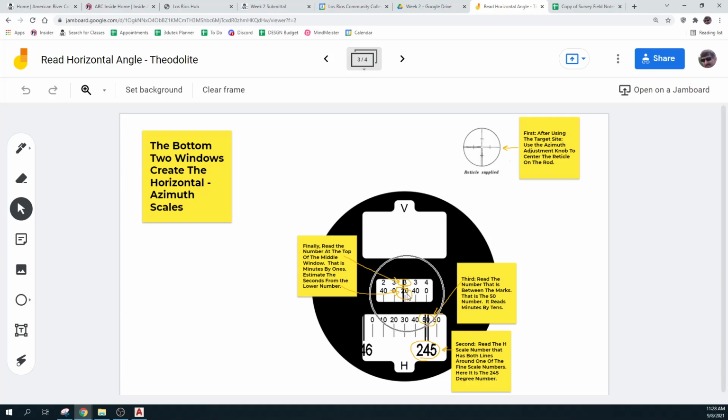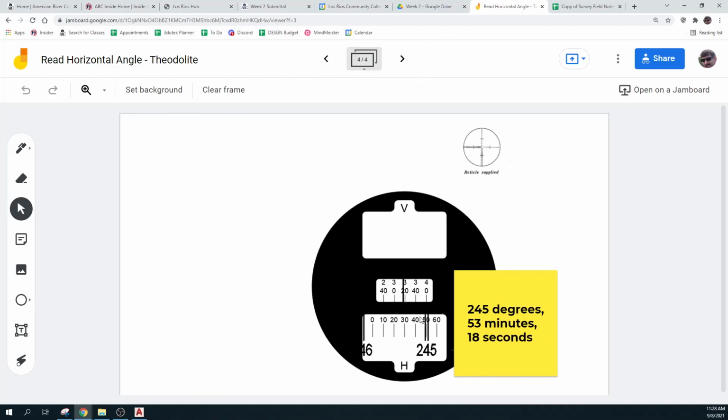Then you're going to look for the seconds, and you're just going to sort of estimate it. That shows up once you get the reticle lined up on the rod. So our first step is line up the reticle, the little target, in the eyepiece on the rod and get it focused. Then you look in here. And here's just another one that would show: 245, 53 minutes, 18 seconds.